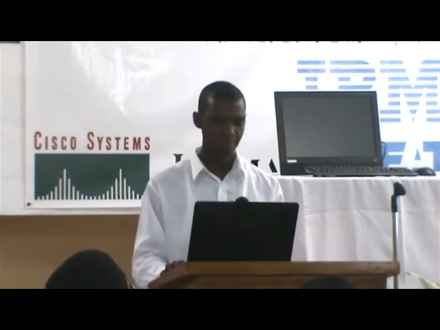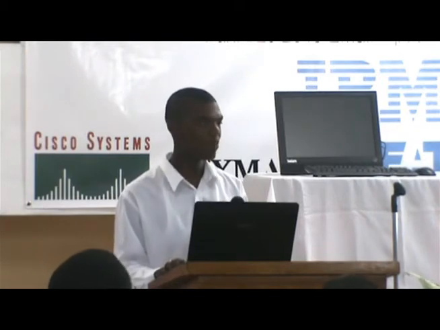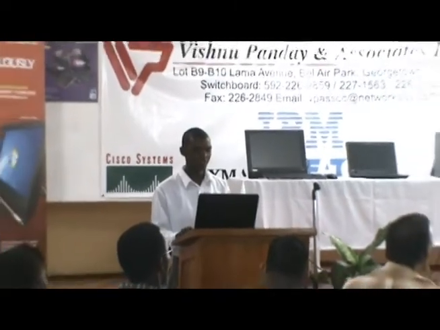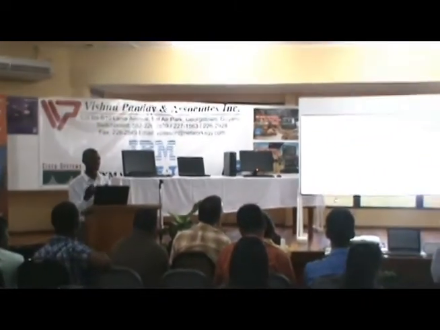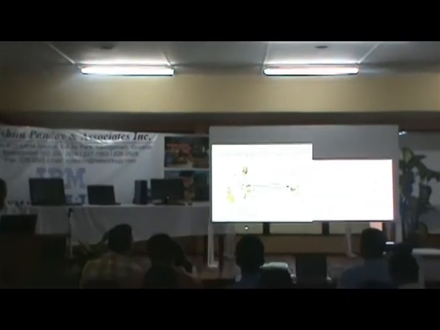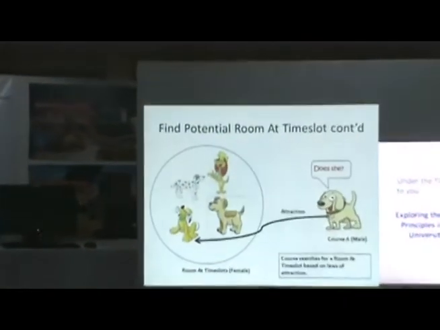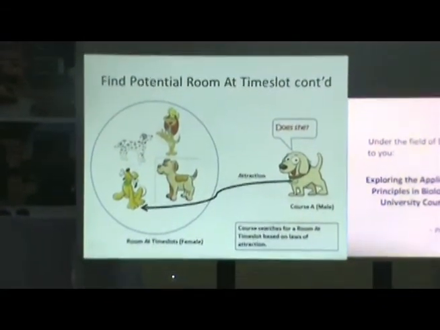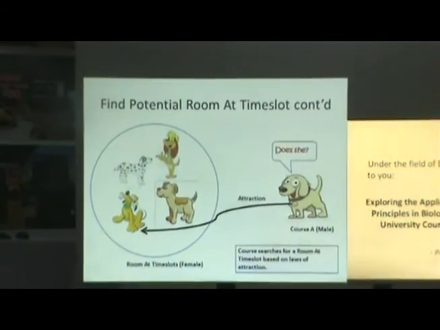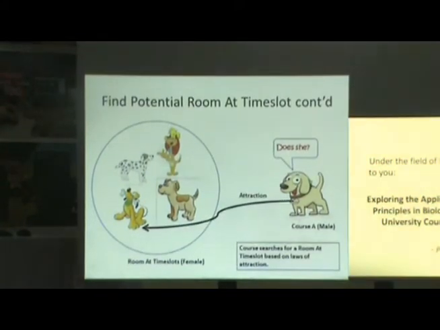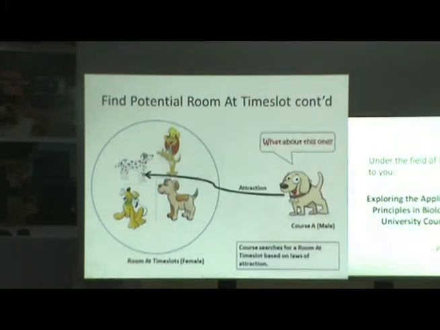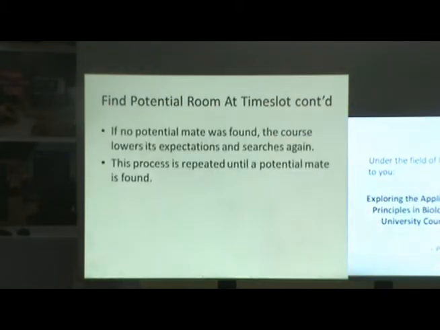Interactions within the system. Firstly, a male will have to search the environment to find potential mates. If he is attracted to a female, then she will be placed on the potential list of mates. Likewise, if a mate doesn't suit his expectations or his criteria, then he can reject her.